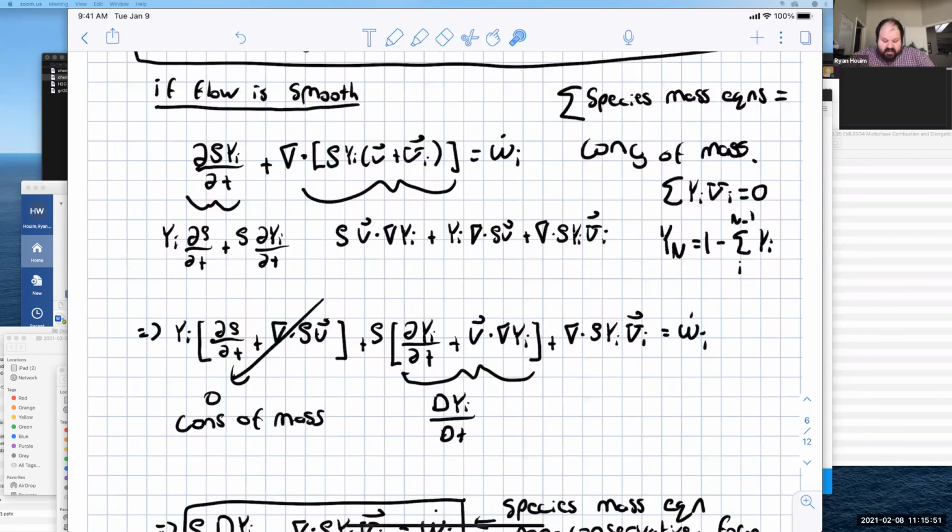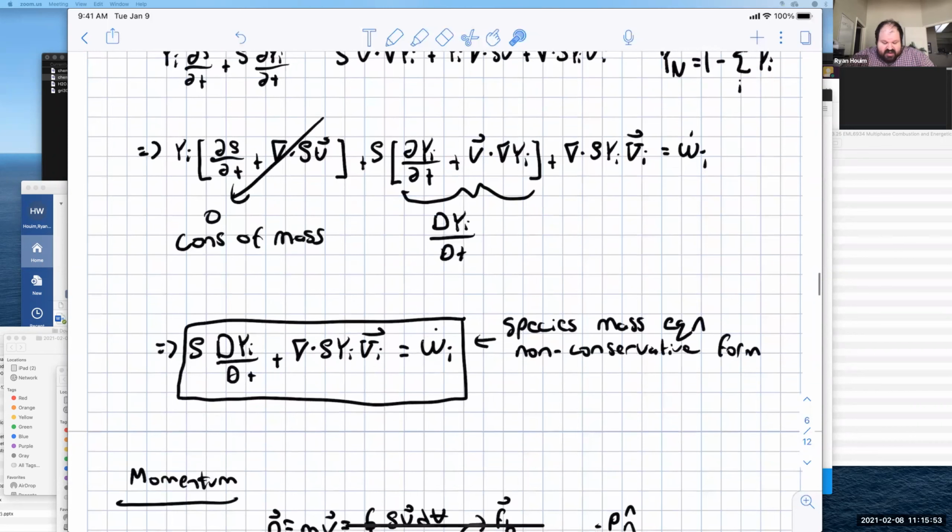So putting it together, the form that you will typically see in books is this form of conservation of mass, where you have rho times dYi dt plus the divergence of the diffusion mass flux is equal to the mass rate of production due to chemical reaction. So are there any questions with this?